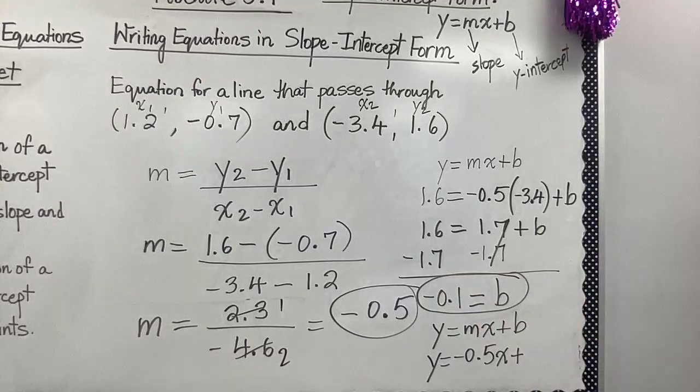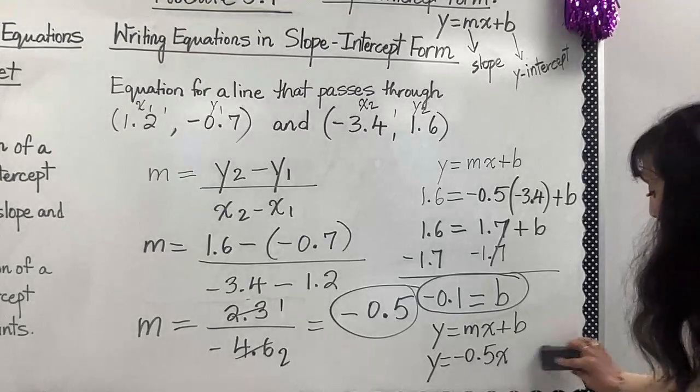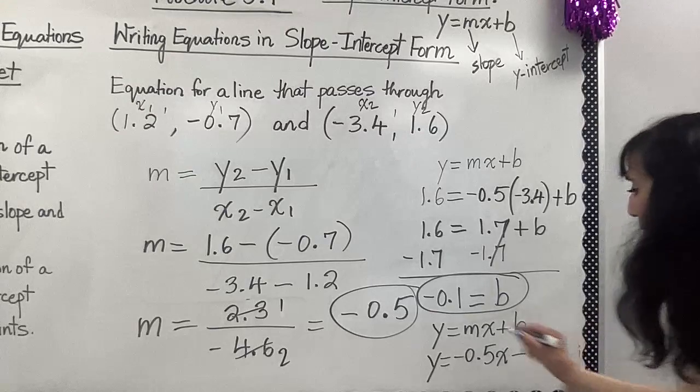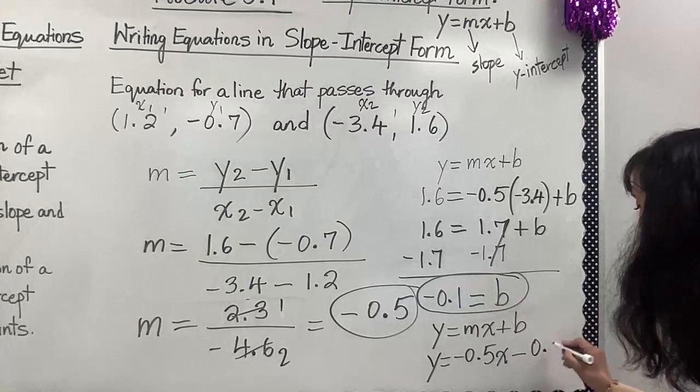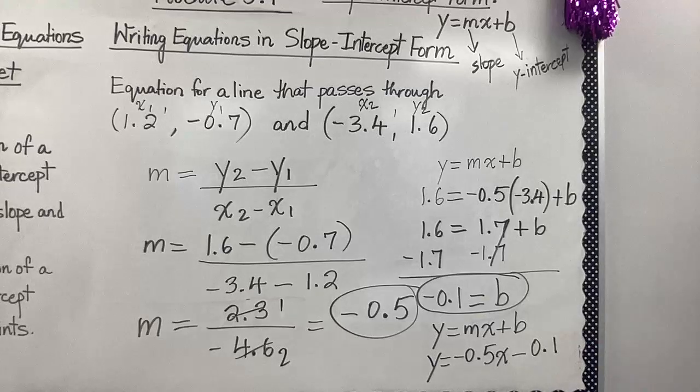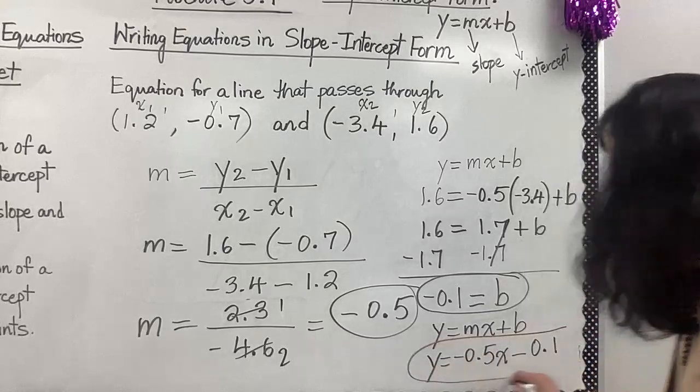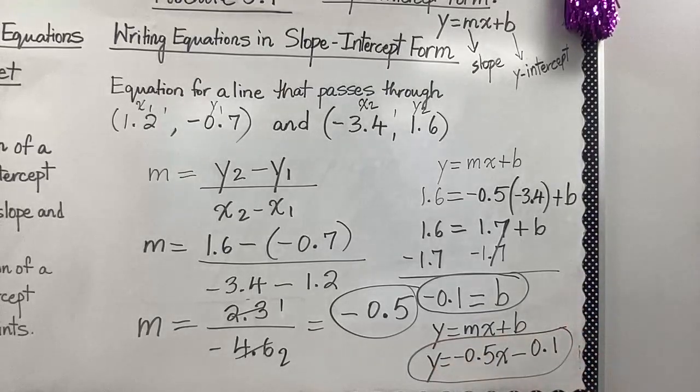Okay, so plus negative 1/10, or in this case, we're just going to write minus 1/10. And there is my equation. Okay, and here is my equation for this problem.